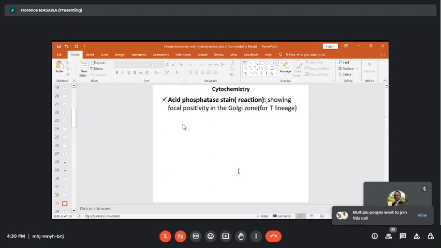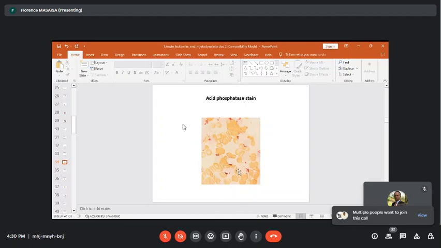There is some cytochemistry which was done before, but now there is a new technique which is easy to use, which we call immunophenotyping by flow cytometry. Cytochemistry was used when the technology was not efficient, where you would go and stain the cells and so on.